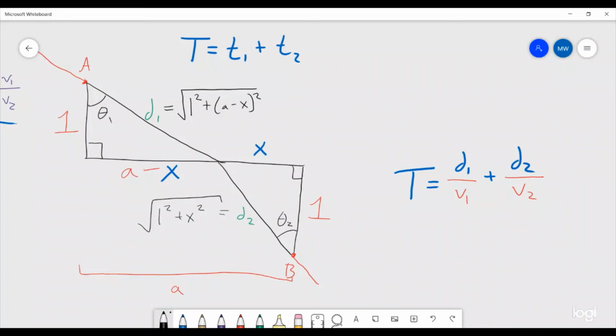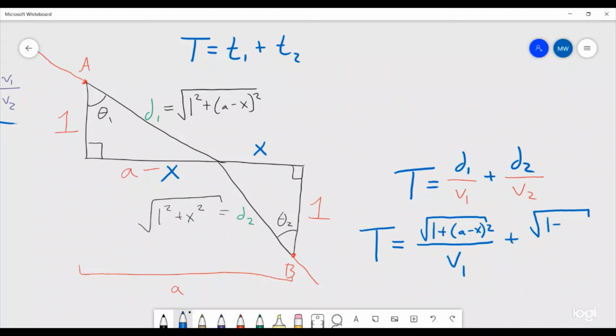So we get t is equal to, and now I'm only going to change my color for the variable. So t is going to be equal to distance 1, the square root of 1 plus (a minus x) squared, divided by velocity 1, plus distance 2, the square root of 1 plus x squared, divided by velocity 2.